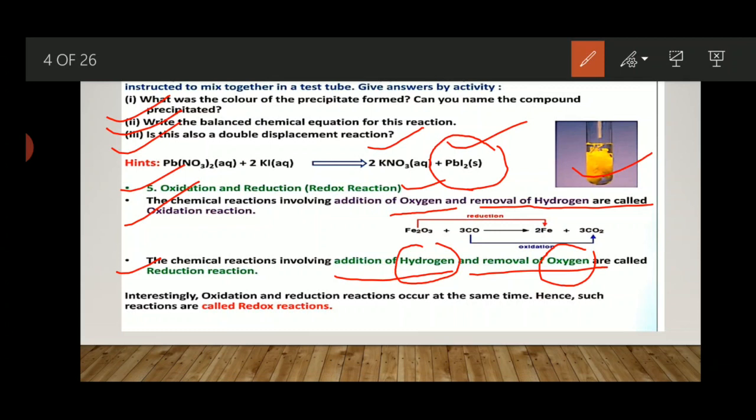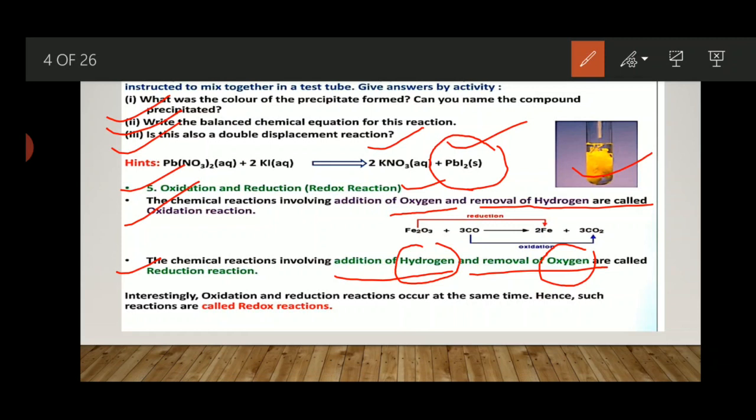See, there are many reactions in which neither oxygen nor hydrogen is present. In that case also, we have to find out which reactant is going through an oxidation reaction and which one is going through a reduction reaction. With the help of electropositive and electronegative elements, we can easily find out. So in case of oxidation, addition of electronegative element or removal of electropositive element.